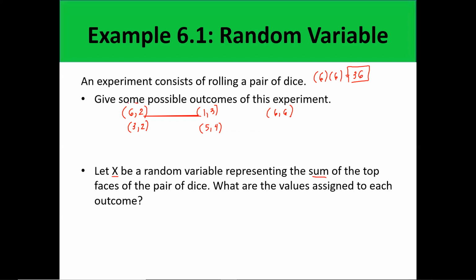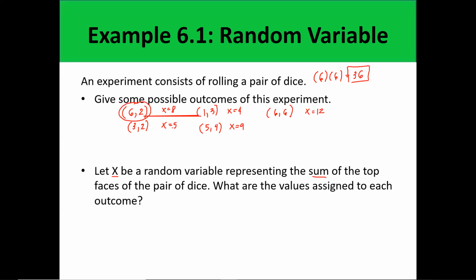In the first outcome, 6 comma 2, the sum on the top faces of the pair of dice is 8. So we can assign this with x equals 8. For 3 comma 2, this is assigned with x equals 5. For 1 comma 3, x equals 4. For 5 comma 4, x equals 9. While for 6 comma 6, it's assigned with x equals 12.